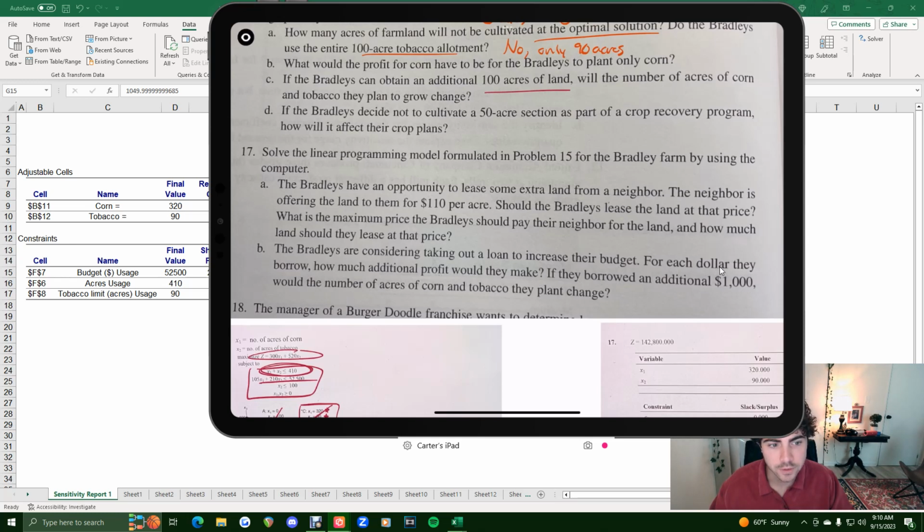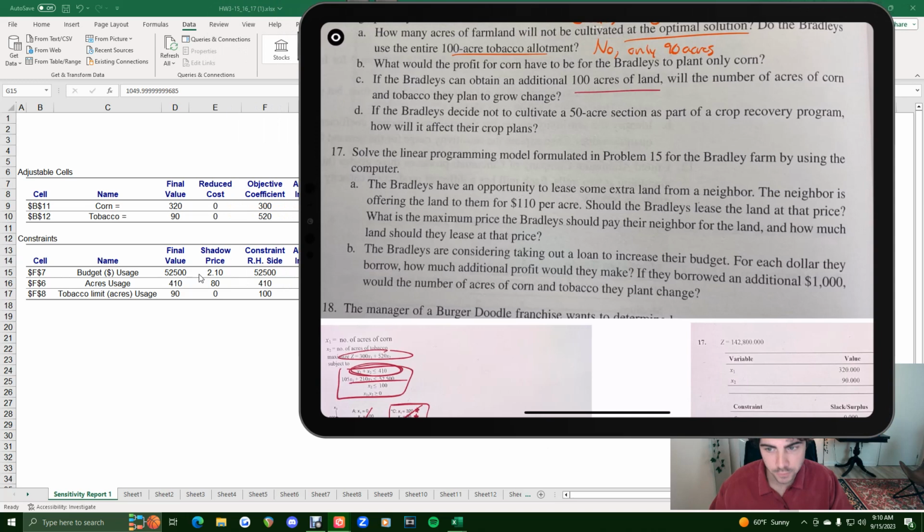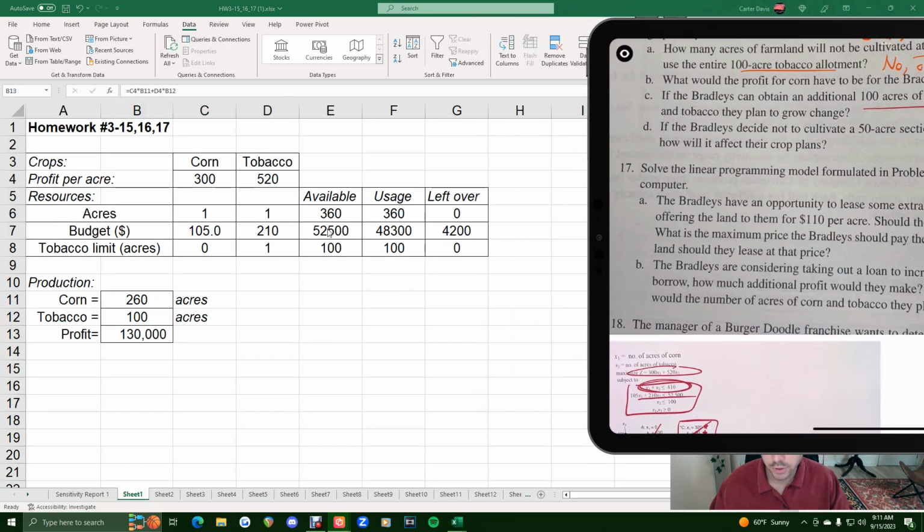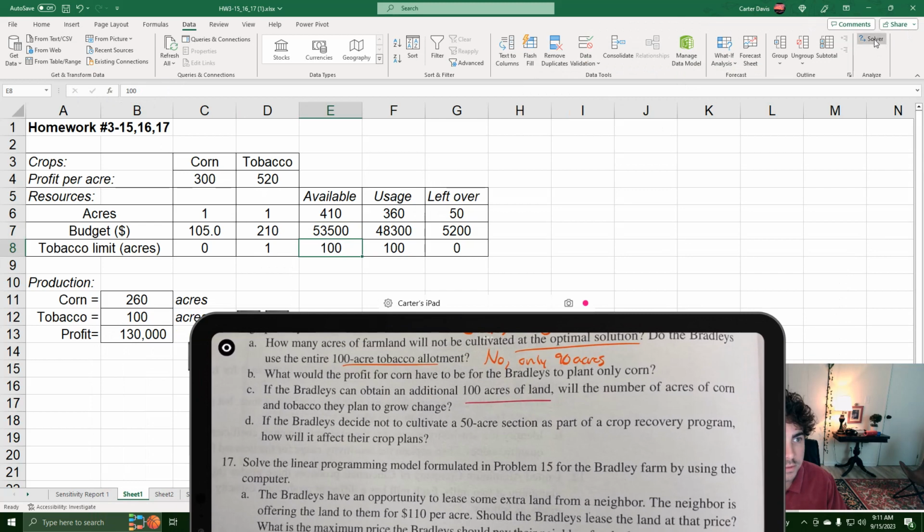To answer this question, for each dollar they would make an additional profit of $2.10, and if they borrowed $1,000, let's just do it in the computer here. If we go back to the original 410 and increase the budget by $1,000, we go to 53,500. Let's solve it.